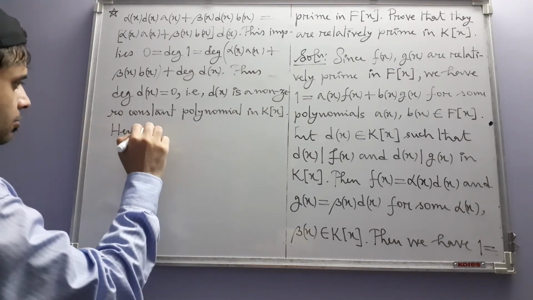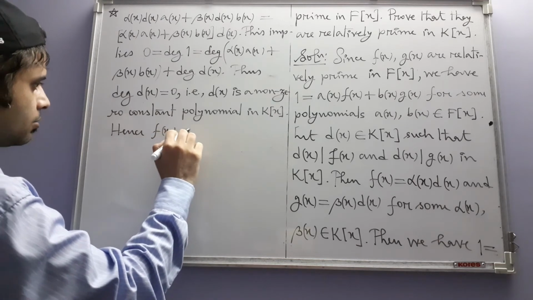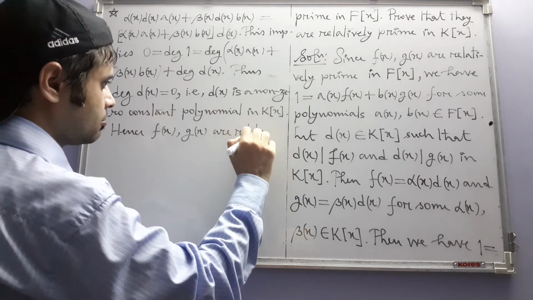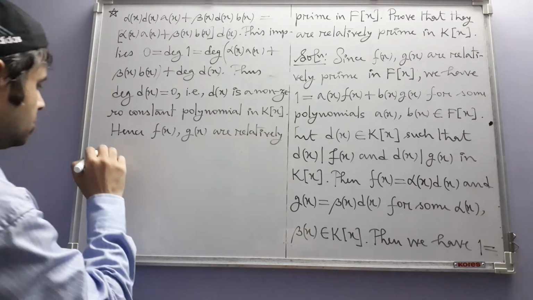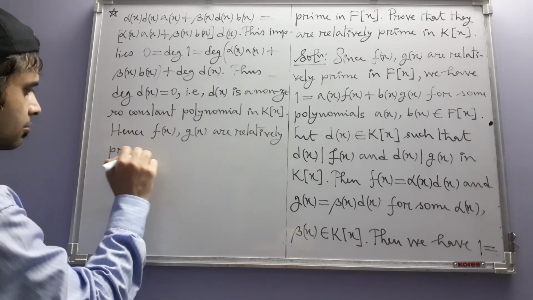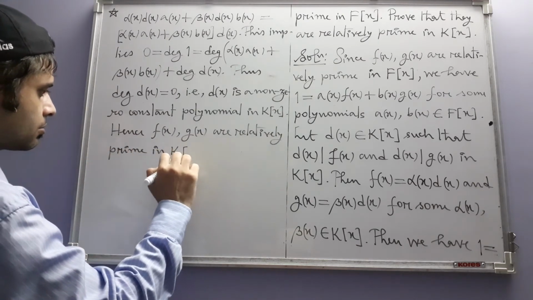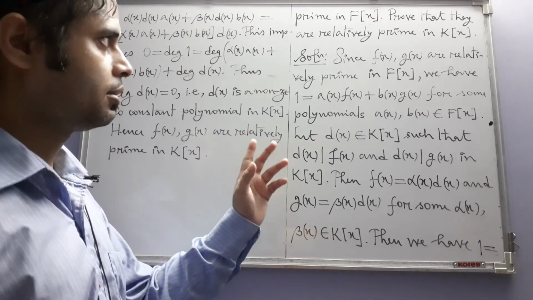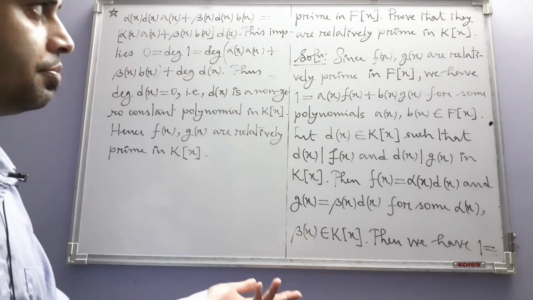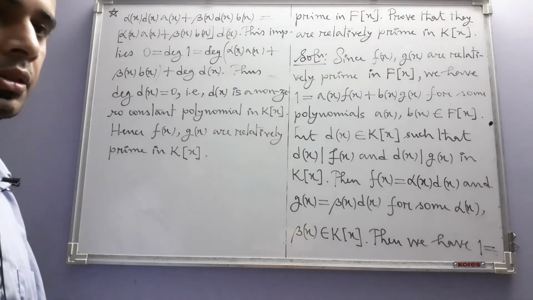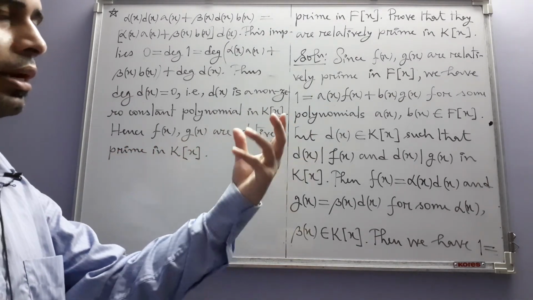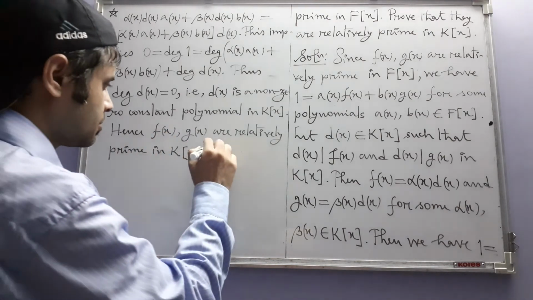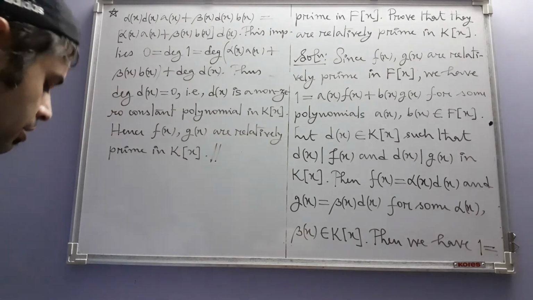Hence, f(x) and g(x) are relatively prime in K[x]. So if we start with two relatively prime polynomials and we enlarge the base field, we take an extension of the base field, then also as polynomials in the larger polynomial ring, they continue to be relatively prime. So this completes the solution.